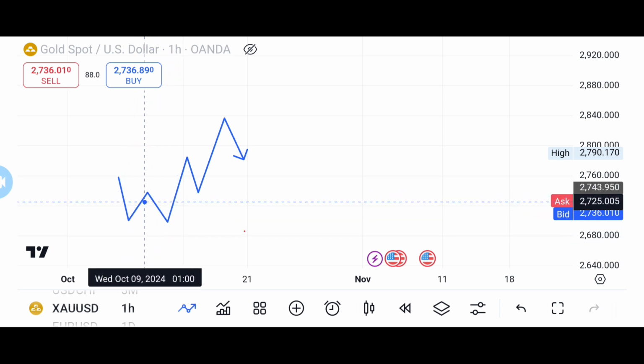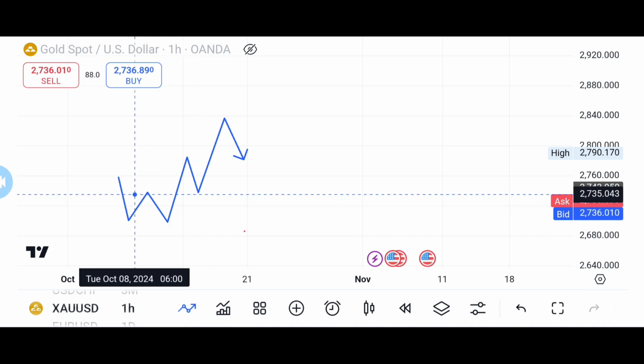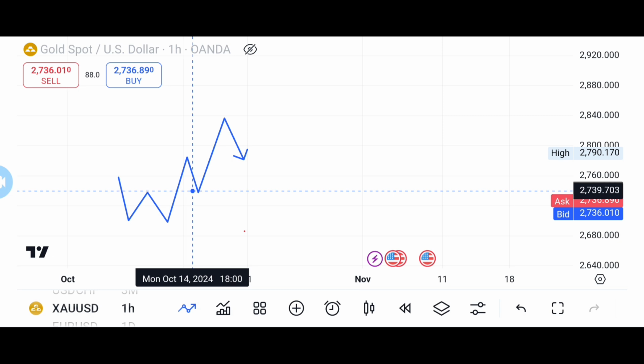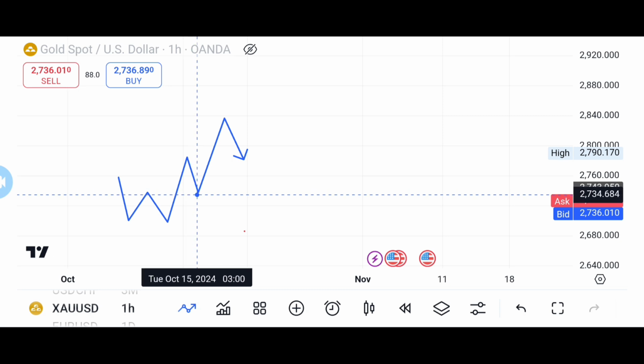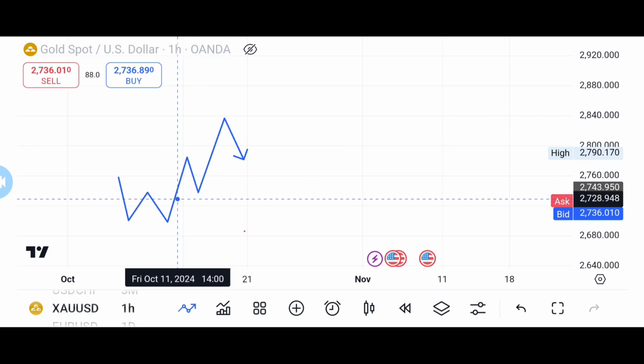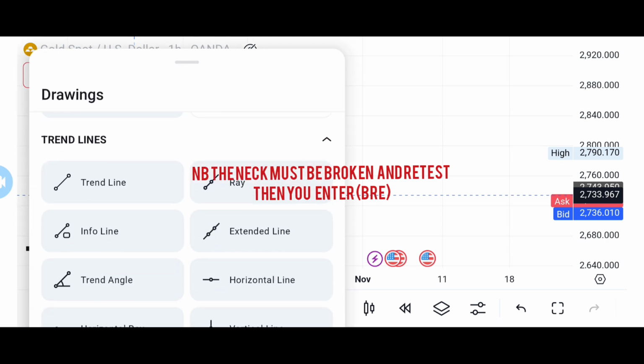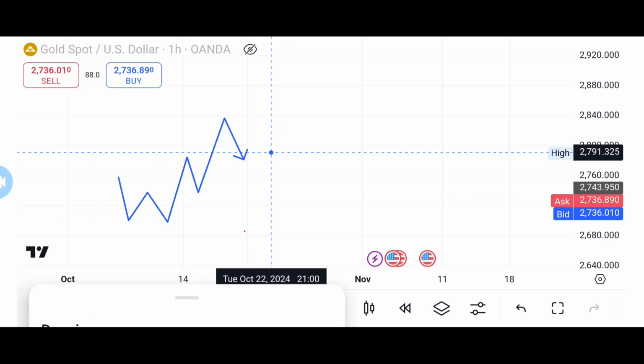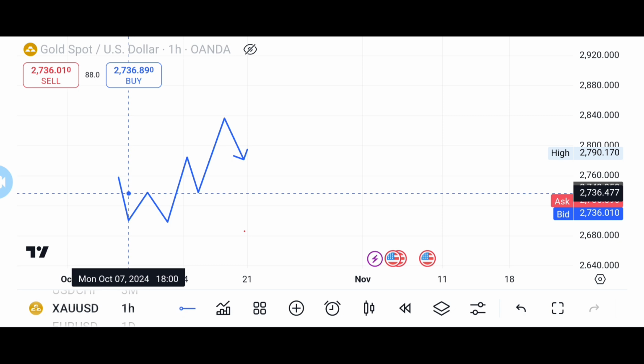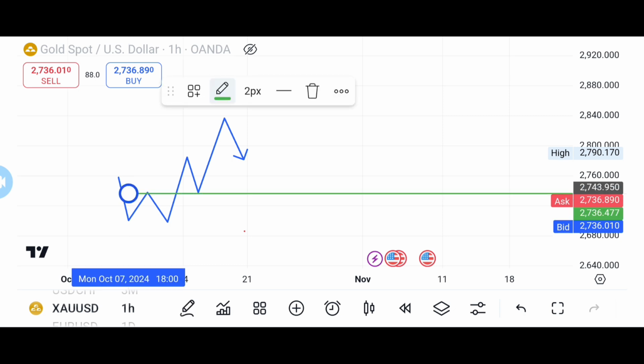We trade this pattern once the price breaks the neckline. We are going to enter here to buy. Are we together? Once the price breaks the neckline, let me draw that neckline with a blue horizontal line like that. So we are going to buy from that point.